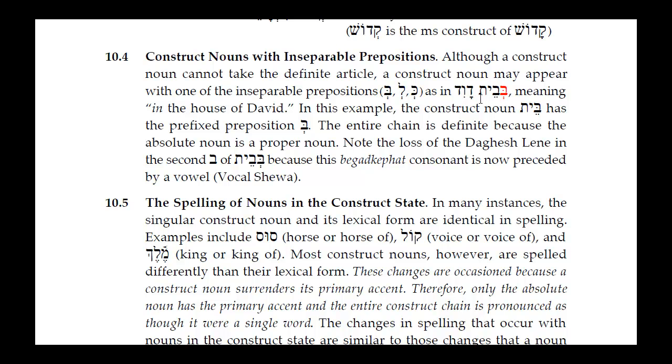Bevet David is how we would pronounce that. So inseparable prepositions can be attached to construct nouns, and just be aware that if there is a begadkefat letter that normally would have a dagesh lene, it will drop out because of the vocal shewa in the inseparable preposition.